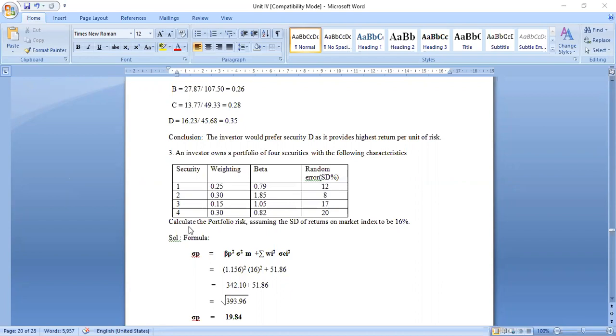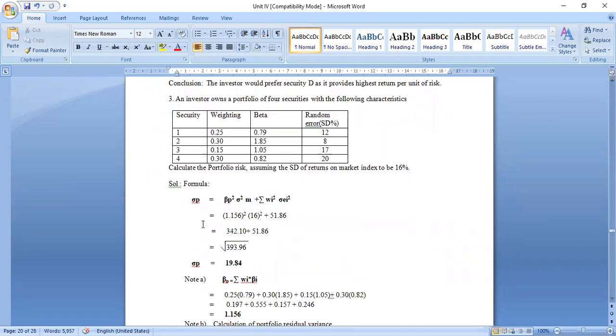So we are supposed to calculate the portfolio risk, assuming the standard deviation of returns on the market index to be 16%. So here also we are having standard deviation. We need the variance of the market index. Okay. Now we have the same standard formula here, that is standard deviation of P, that is portfolio.